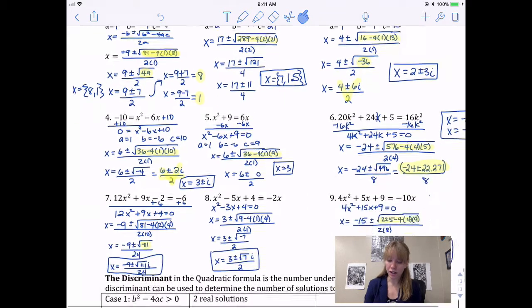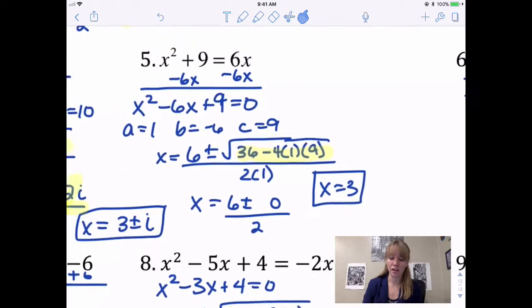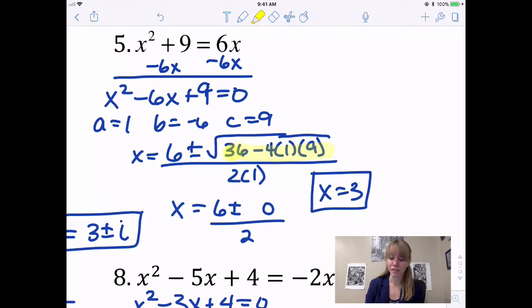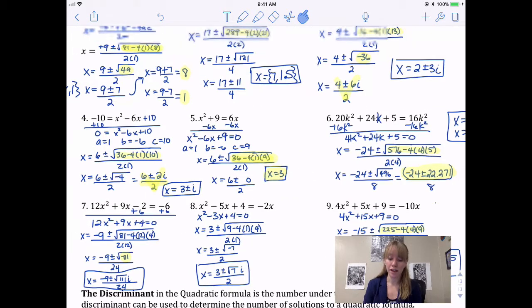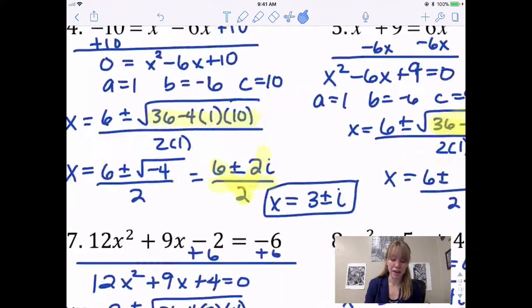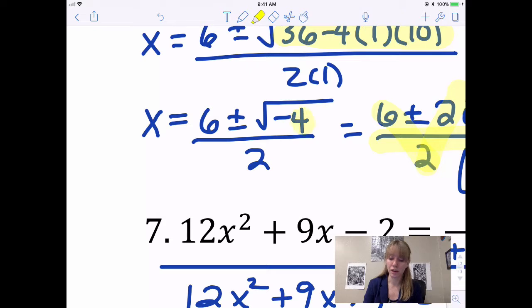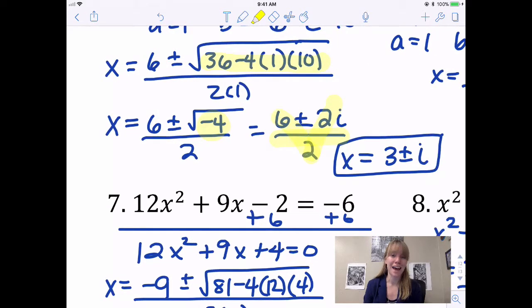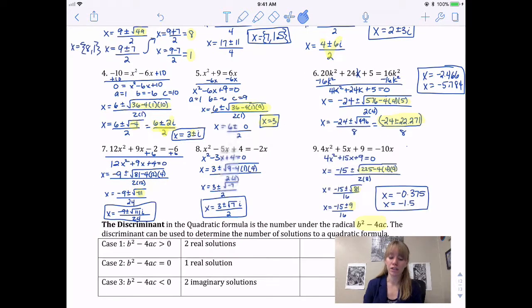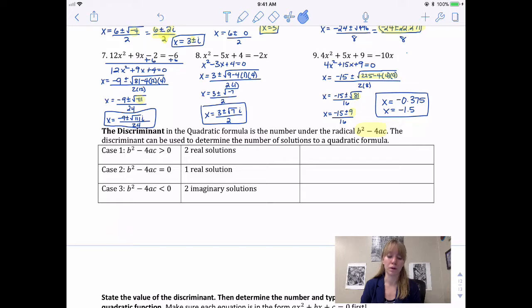But then later, when the discriminant, what was under the radical, was 0, 6 plus 0 and 6 minus 0 gave us a double answer, or the same answer twice. And then finally, when we had a negative under the radical, like here we had negative 4, we actually had an i in our answer. So we still had 2 answers, but they were both imaginary.